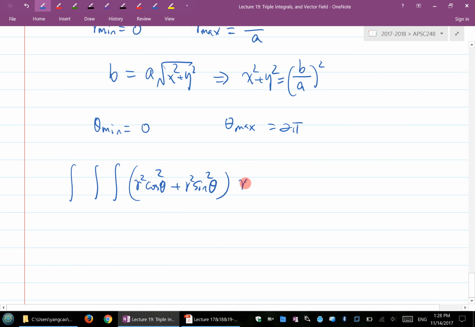So you have dz first, then r dr, d theta. Limits for z go from a times r to b, r goes from 0 to b over a, and theta goes from 0 to 2 pi.